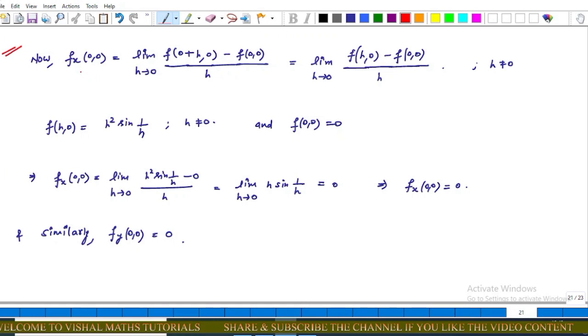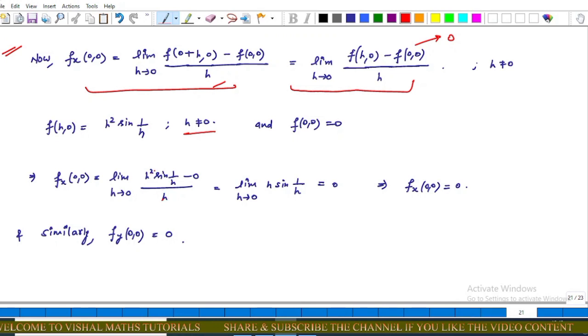Now we know that fx(0, 0) equals the limit as h tends to 0 of [f(0 + h, 0) − f(0, 0)]/h. It's the predefined formula. From the given function, f(0, 0) = 0 and f(h, 0) = h² sin(1/h) where h ≠ 0. This implies fx(0, 0) equals the limit as h tends to 0 of h² sin(1/h)/h.